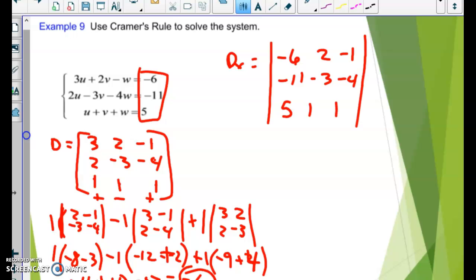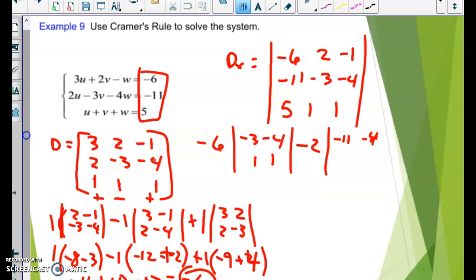And I'm going to do the expansion about the top row, because I'm used to doing that. So I'm going to go with negative 6 times negative 3, negative 4, 1, 1, and minus 2, because the middle one is a minus, and I'm going to have negative 11, negative 4, 5, 1, and then the negative 1, which is actually a positive, right?